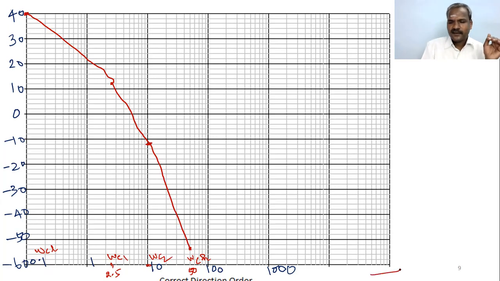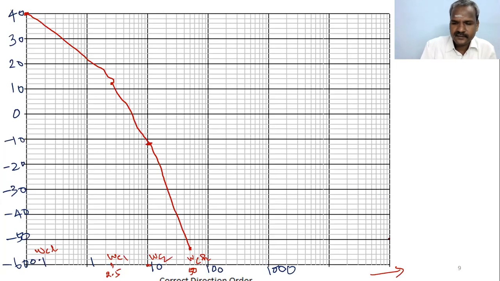This is frequency omega. This is magnitude in dB. So the y-axis is magnitude in dB, the x-axis is frequency in radian per second. Understand? So this is the typical Bode magnitude plot, right?